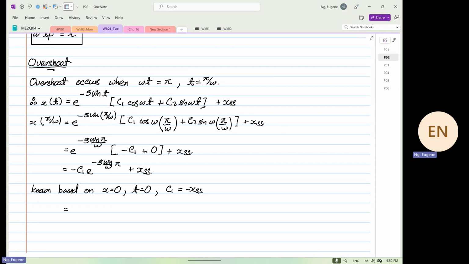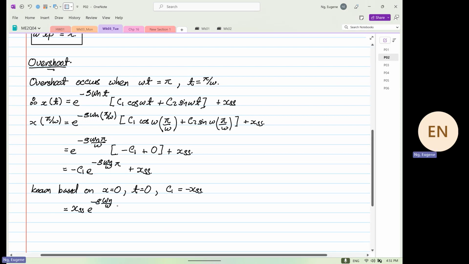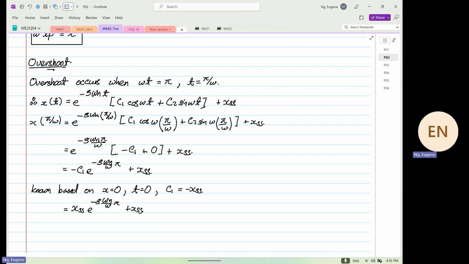So this will be equal to XSS exponential of minus zeta omega n over omega pi plus XSS. So this portion over here is known as our overshoot. Okay, that portion is our overshoot.